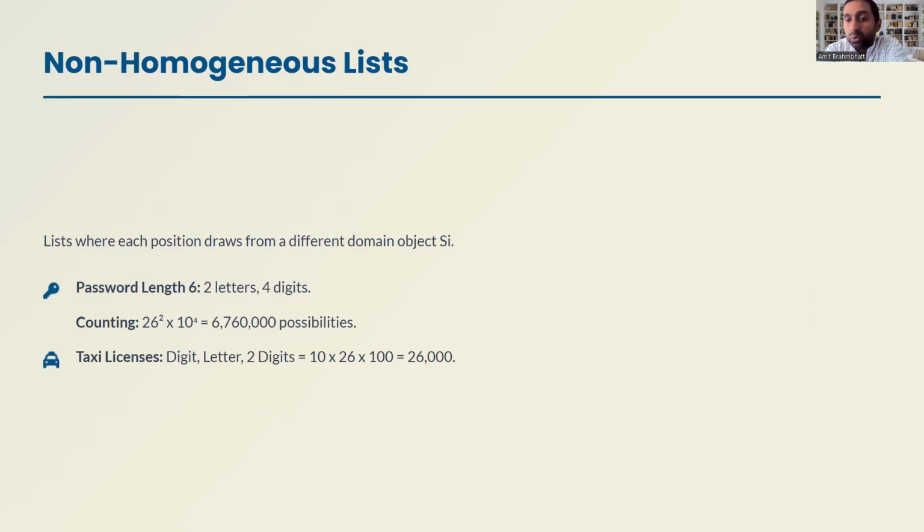By the product rule, the total number of unique passwords we can generate is 26 squared times 10 to the fourth, which equals 6,760,000 possibilities. Identifying when a selection is non-homogeneous is key to security analysis.